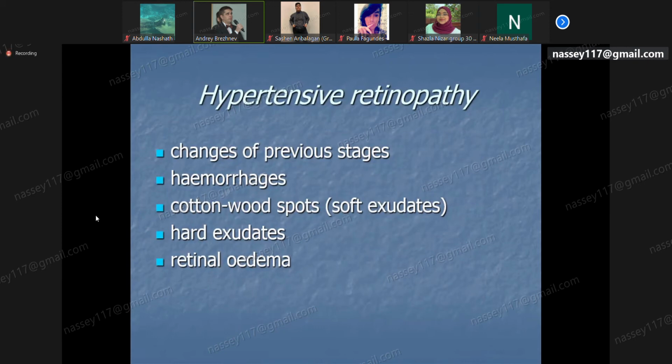Hypertensive retinopathy consists of changes of previous stages, and additionally to the angiopathy and angiosclerosis, we can see hemorrhages, cotton wool spots, or the so-called soft exudates, and hard exudates.